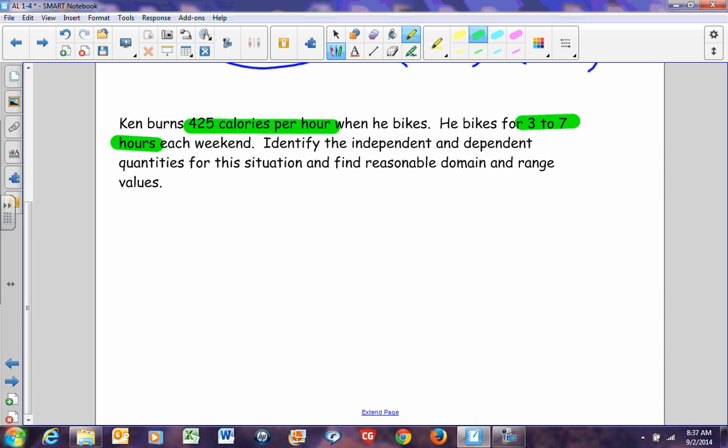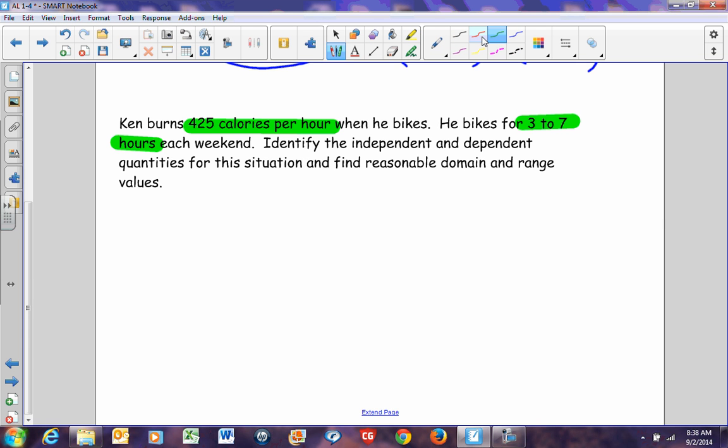So if we look at that, does the number of calories he burns depend upon the number of hours he bikes, or does the number of hours he bikes depend upon the number of calories he burns? Do I burn more calories when I bike longer, or do I bike longer because I burn more calories? Sometimes people can get confused about this, but it's pretty clear that the more I bike, the more calories I burn.